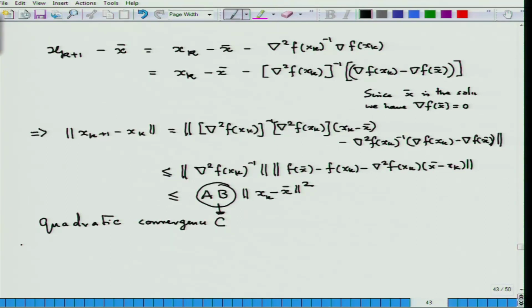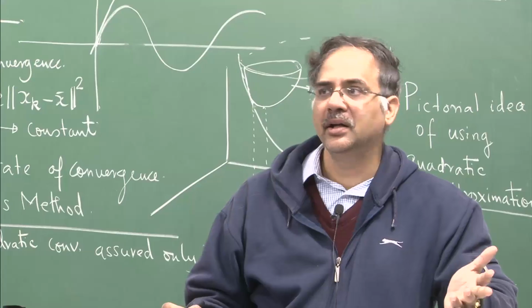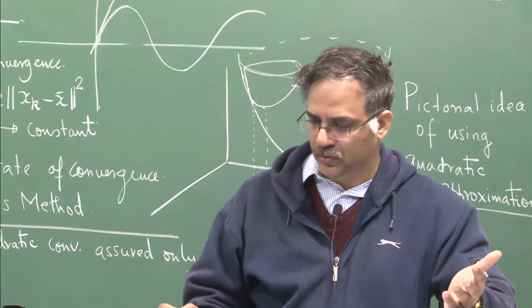What is remaining, which I want to give you as homework, is to show that x k actually goes and hits x bar. From this expression, find under what condition x k would actually go and hit x bar.